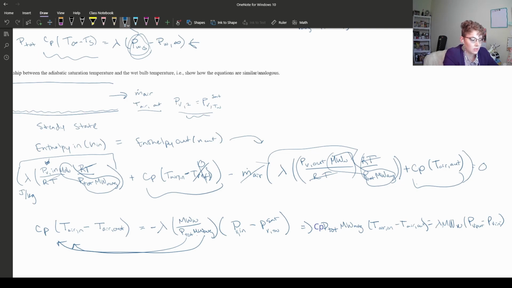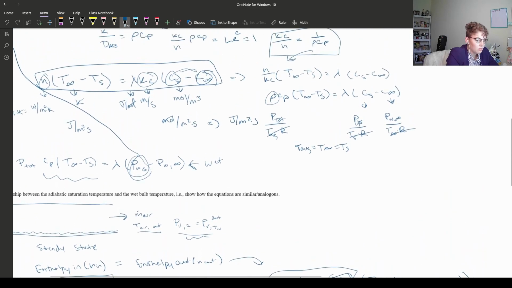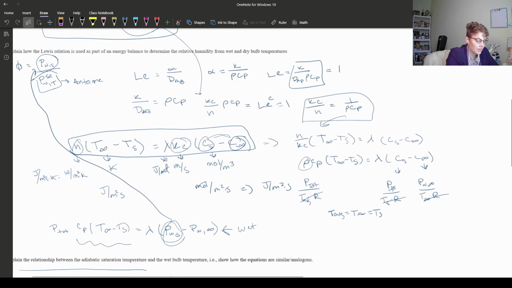So when we look at our comparison up here for the wet bulb, and here's our energy equation for the adiabatic system, we can see that the only difference is this molecular weight average that has been inserted into the equation. This is because we were originally looking at the heat of vaporization in terms of joules per kilogram here, but when we were looking at it here, we had it in terms of joules per mole.